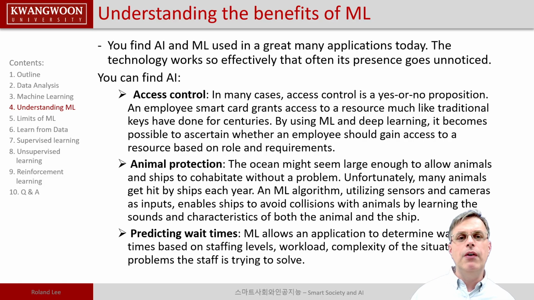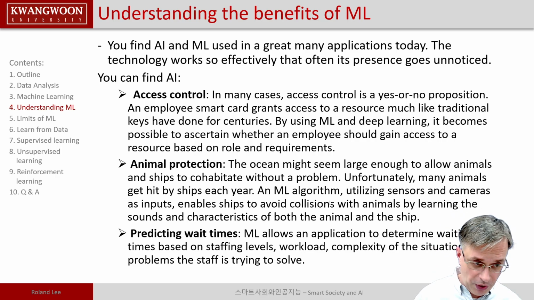Machine learning allows an application to determine waiting times based on staffing levels, workload, complexity of the situation, the problems the staff is trying to solve, availability of resources, and so forth.